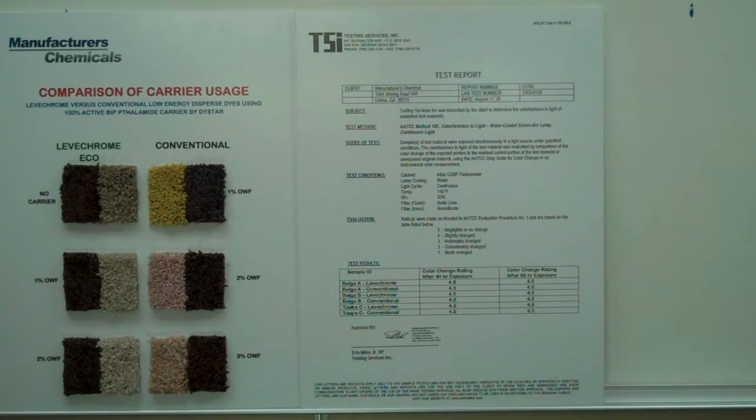We've gone in and done all types of fastness testing. We've looked at nitrous oxide, we've looked at ozone, we've looked at wet bleed, we've looked at every aspect of fastness. The first question usually, and the reason for this being the industry standard in the colors that are selected, is light fastness.